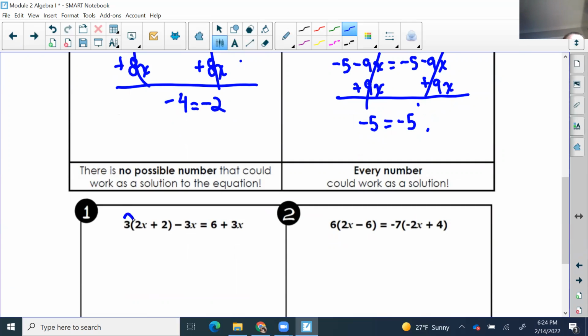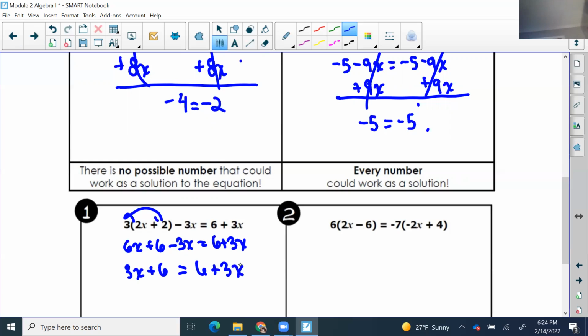So if I distribute the 3 into this, I get 6x plus 6 minus 3x is equal to 6 plus 3x. So I combine like terms on either side of the equation and I get 3x plus 6 is equal to 6 plus 3x.